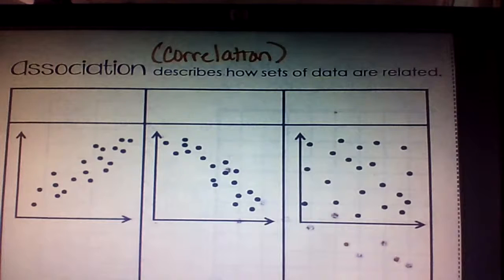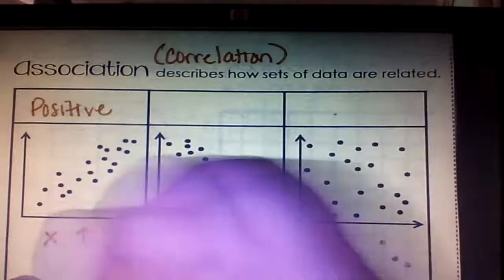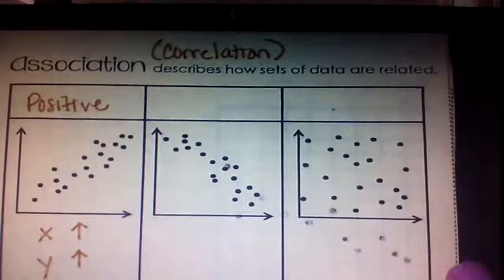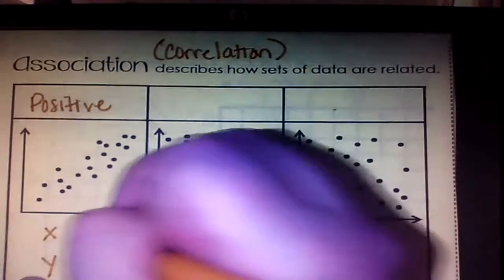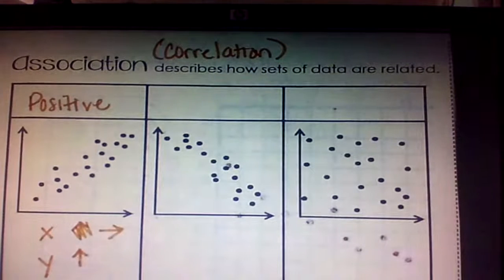So the first picture is what kind of association? Positive. And again, that means as X goes to the right, Y goes up. Remember, increase on your X is going to the right.